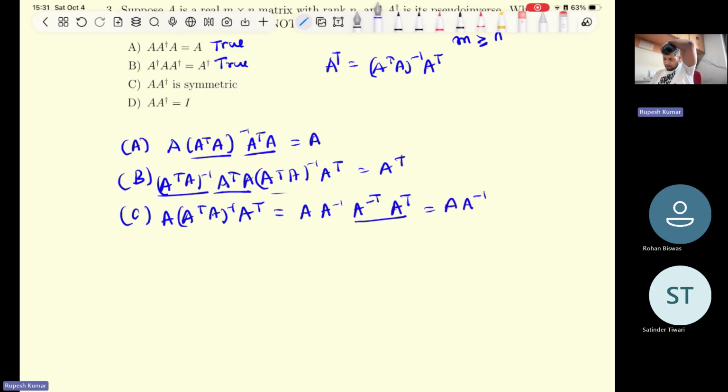Can we say anything about A into A inverse? Will it be symmetric or not? We can't break the parentheses (A transpose A) whole inverse. We can't write it as A inverse because we don't know if A inverse will exist or not. Okay, right. You are right. Sorry, I assumed it to be a square matrix.